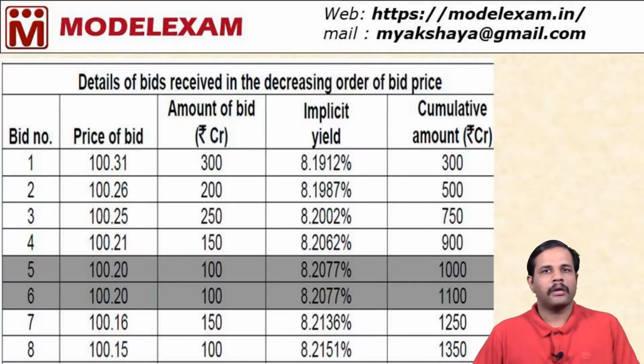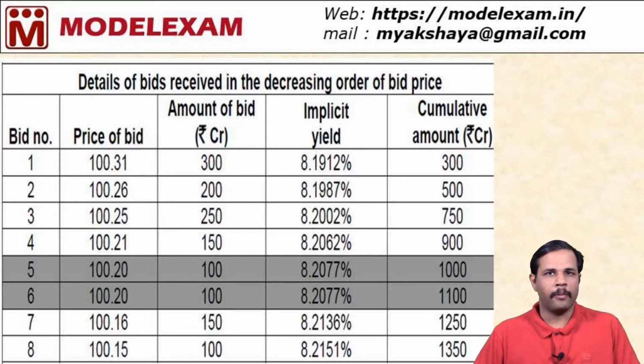Moreover, we have seen that there are 2 variations possible, that is uniform price auction and multiple price auction. So we will see that also. Uniform price auction is very simple.